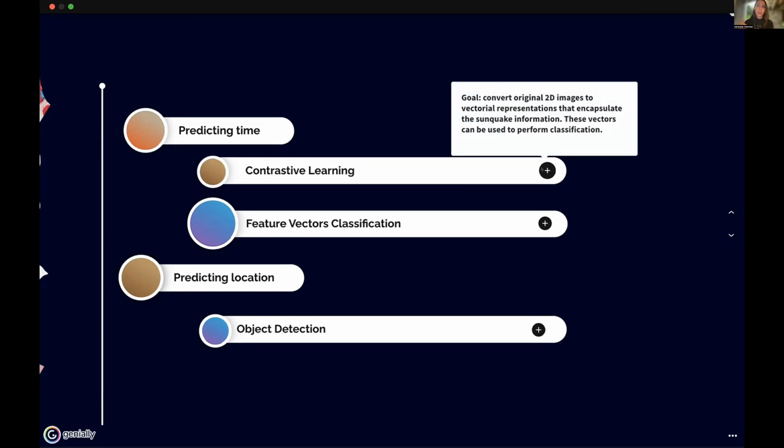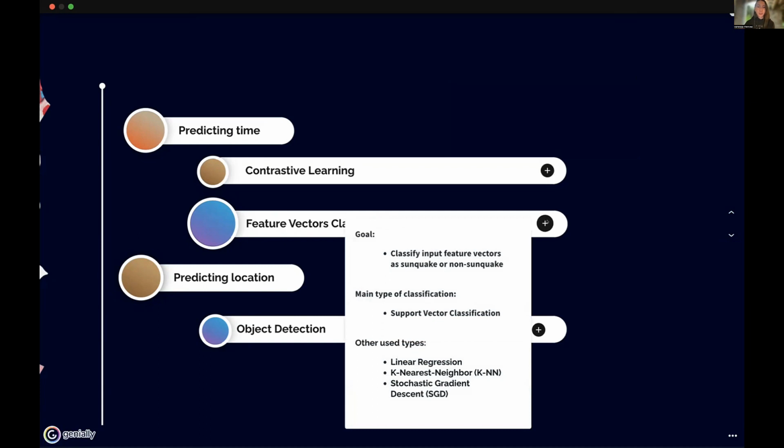This is why we separated this process into two. For the actual classification, so whether an image contains or does not contain a sunquake, we tried linear regression, k-nearest neighbor, SGD, support vector classification. In the following slides, I will focus only on support vector classification with the results to make it easier for the presentation.